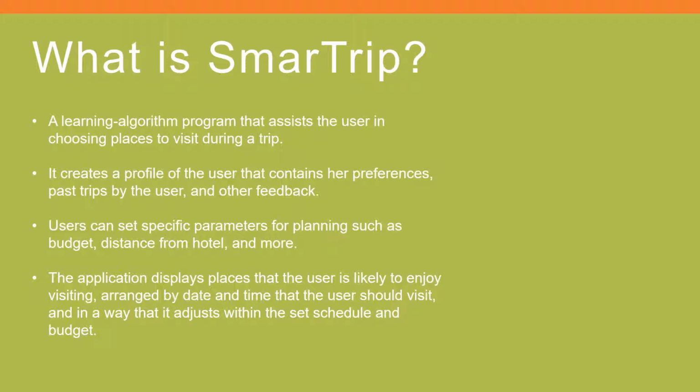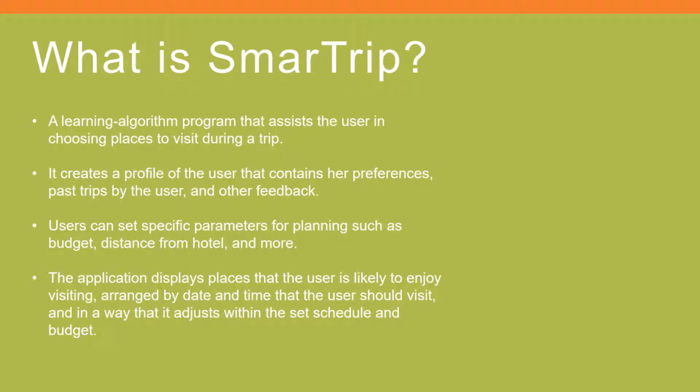The application pulls data from a database and creates a profile of the user that contains their preferences, past trips made by the user, and other feedback from the user, like when a user reviews a site nicely or doesn't review it nicely, and, as I said before, the budget of the person who's traveling.